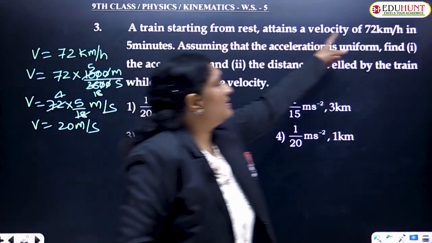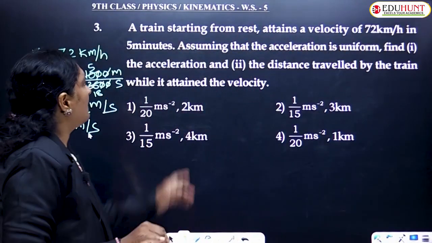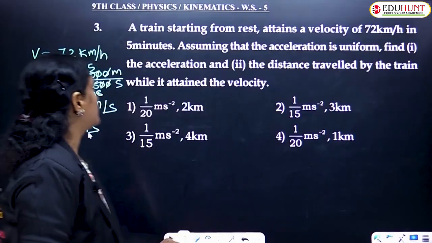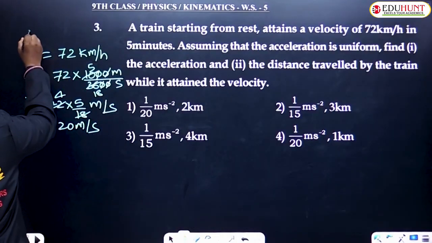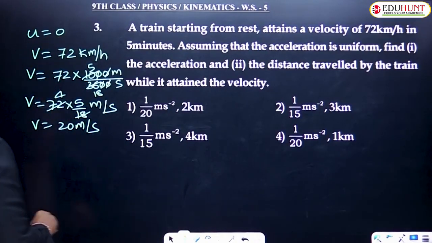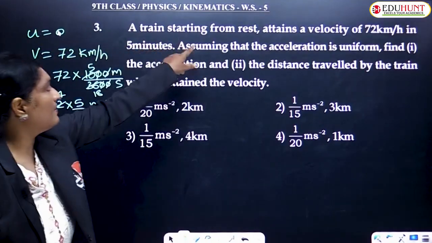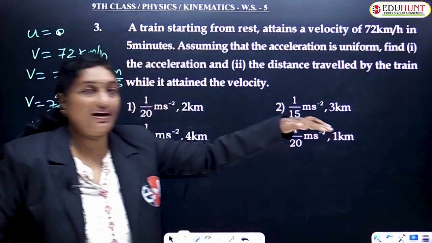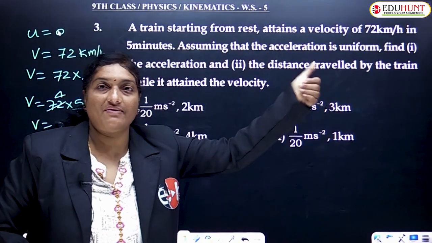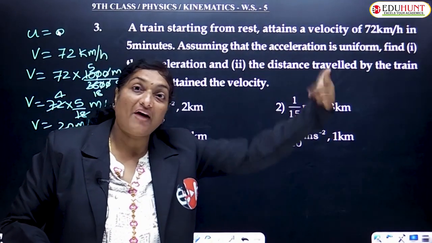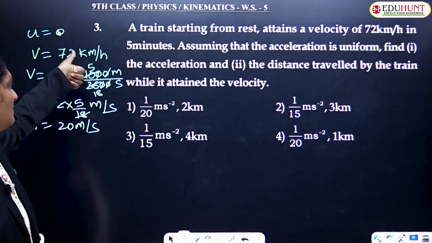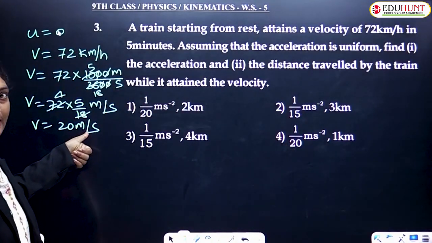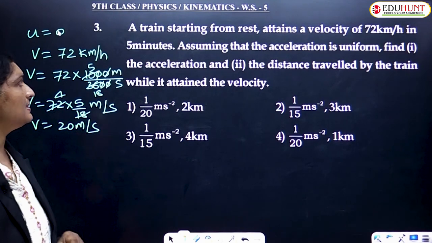So velocity was given to be 20 meter per second, and starting from rest means initial velocity is given as 0. So first case, starting from rest, initial velocity is 0. Second case, attains a velocity, reaches a velocity of 72 kilometer per hour. That means final velocity is 72 kilometer per hour. Converting into meter per second, you got it as 20 meter per second.